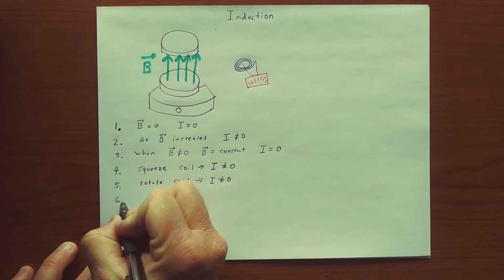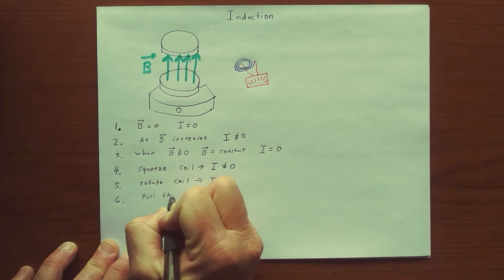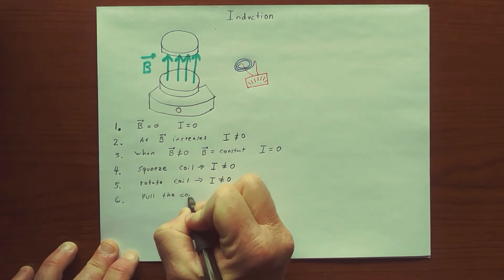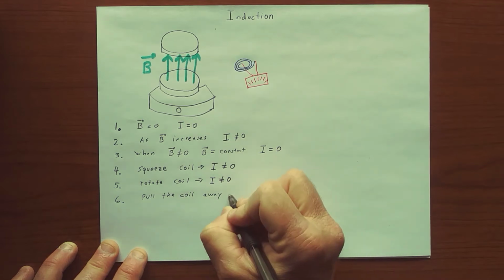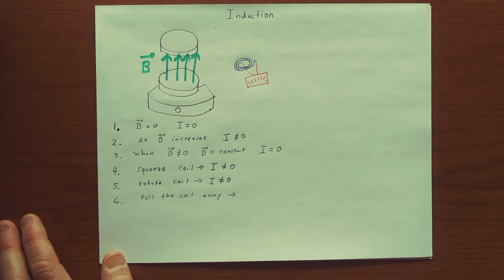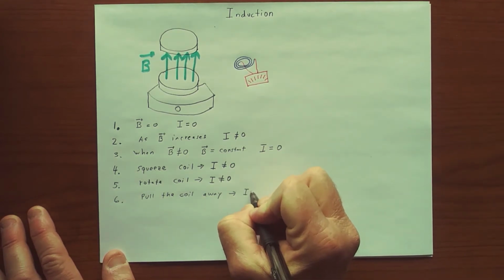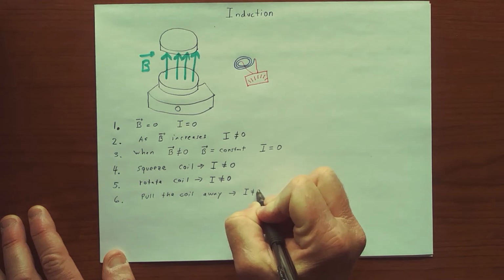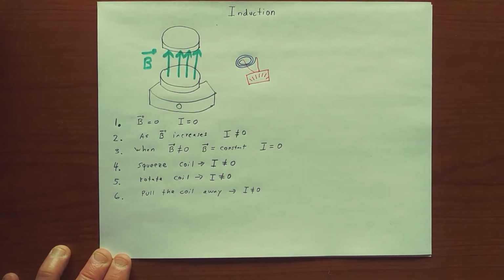So let's pull or move the coil away. Okay, so we can pull the coil away from the constant magnetic field. Again, we find that there's a current registering on the ammeter, on the red device that measures current.